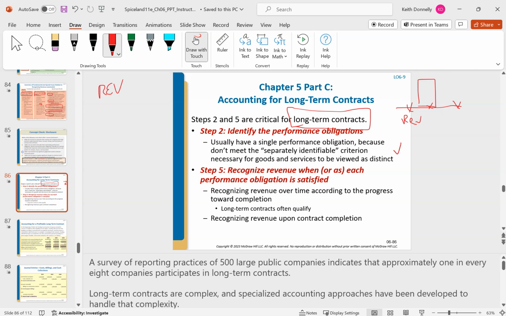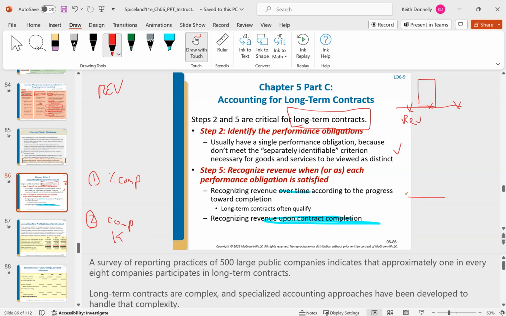Well, as a starting point, we're going to treat that building as a single performance obligation. And in that way, for purposes of step 5, there are 2 approaches we can take. We can recognize the revenue over time under something called the percentage of completion method, or we can recognize the revenue upon completion, whenever we're done, under something called the completed contract method.